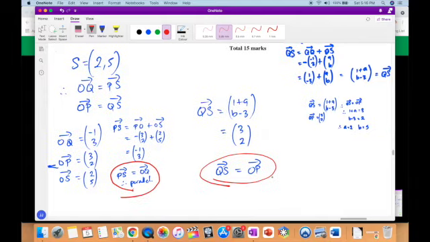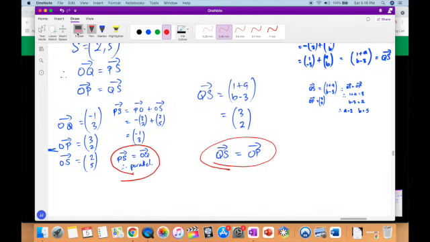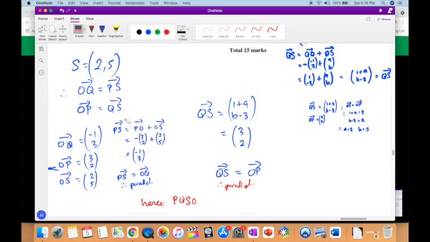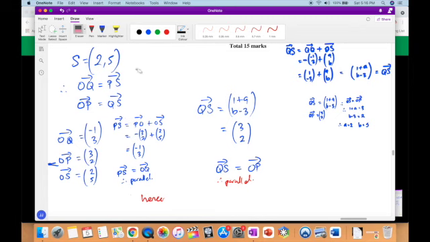And in terms of statements, you're supposed to make those statements, therefore parallel, right? Hence OPSQ is a parallelogram. Nice.